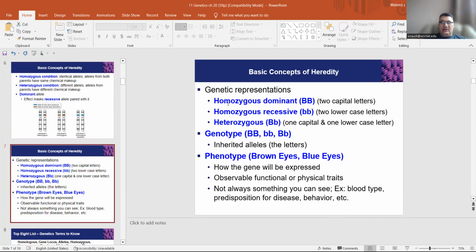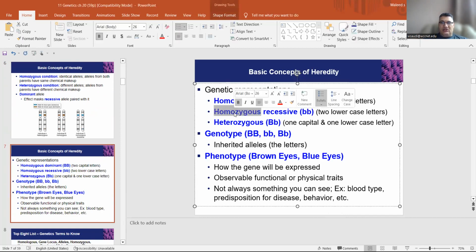So the different ways it can be: if it is homozygous, homozygous means both alleles are the same. If both of them are dominant, like brown, for example, we call that homozygous dominant. Homo, similar, homo, same. So both of them code for the same thing.